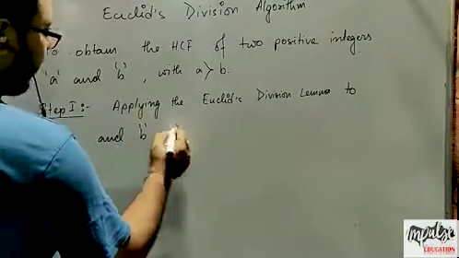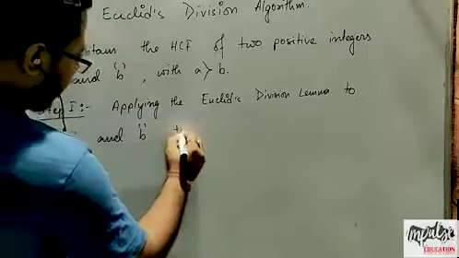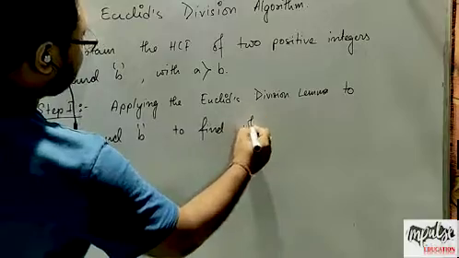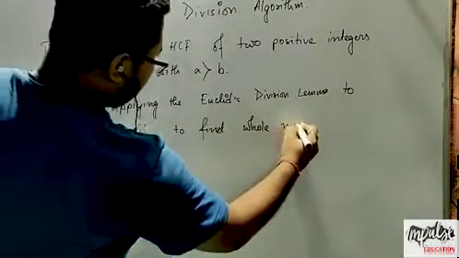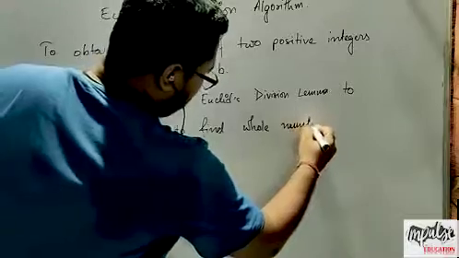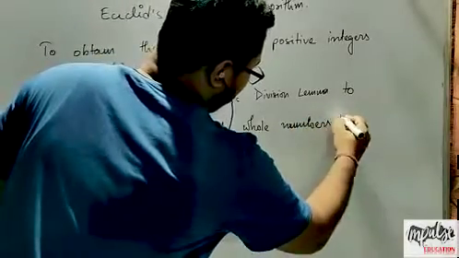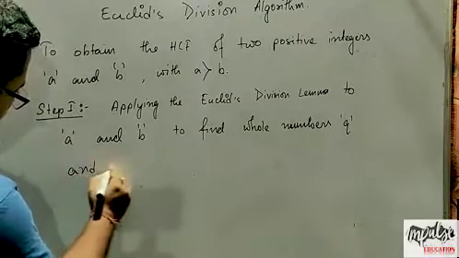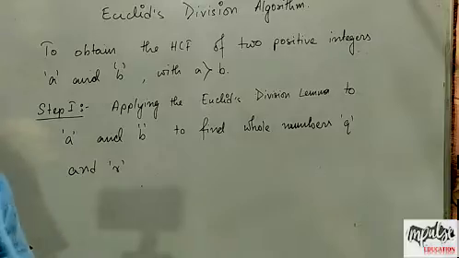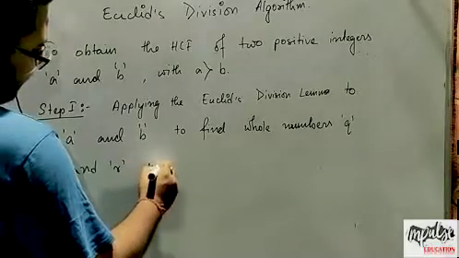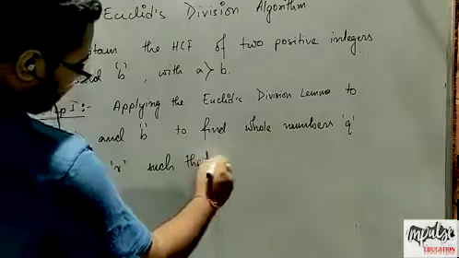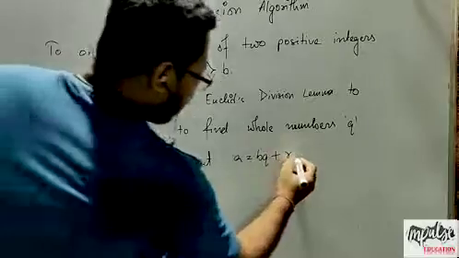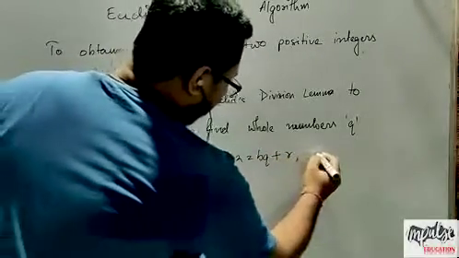Applying the Euclid's division lemma to A and B, to find whole numbers Q and R, that is the quotient and the remainder, such that A equal to BQ plus R, the statement that we have just written before.